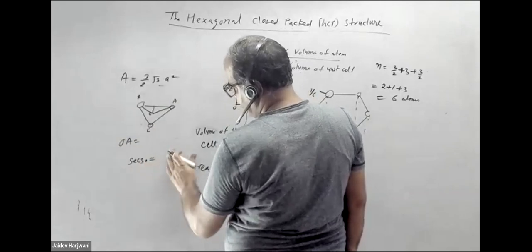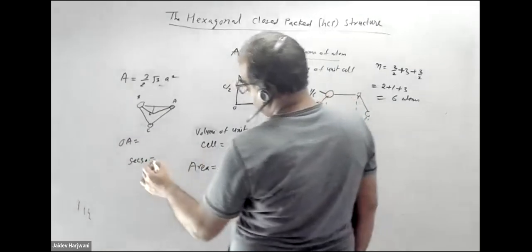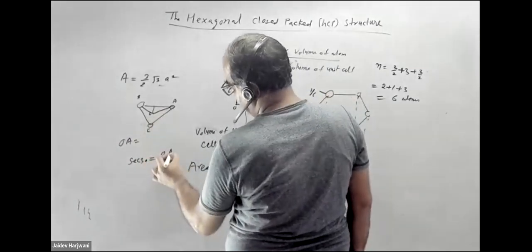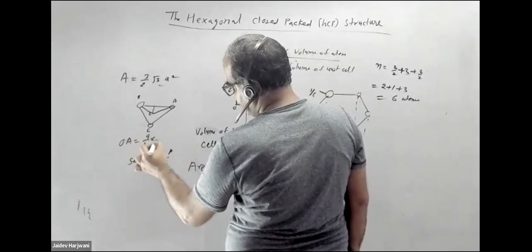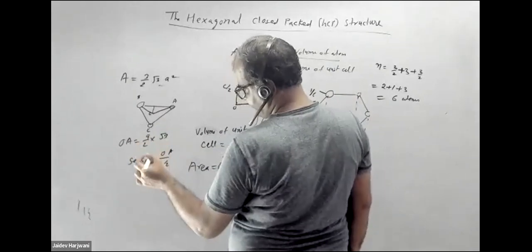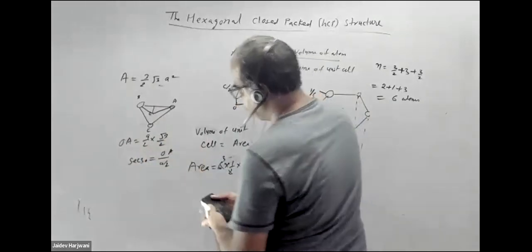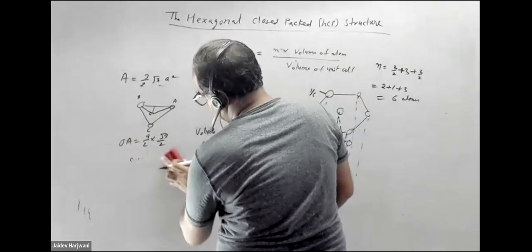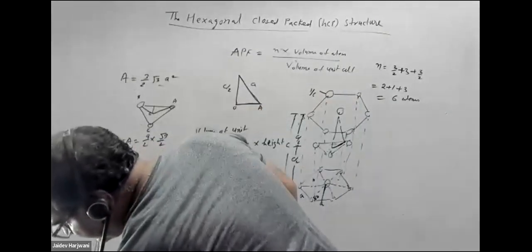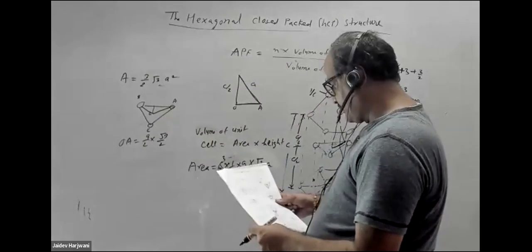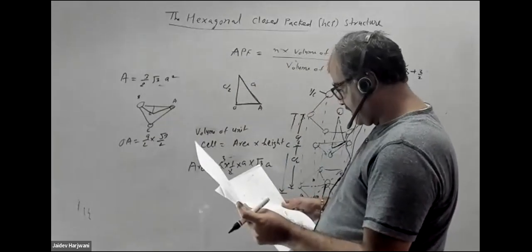Sec 30 will be this OA upon A/2. So this will be A/2 and root 3/2. Let me calculate, you want the height.